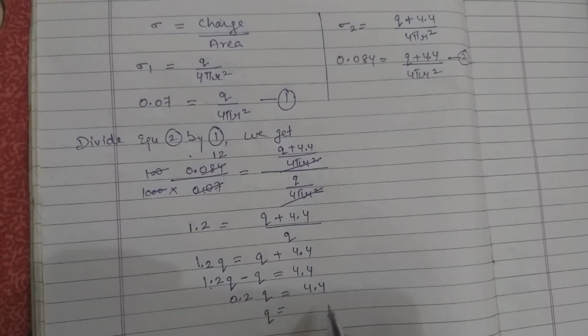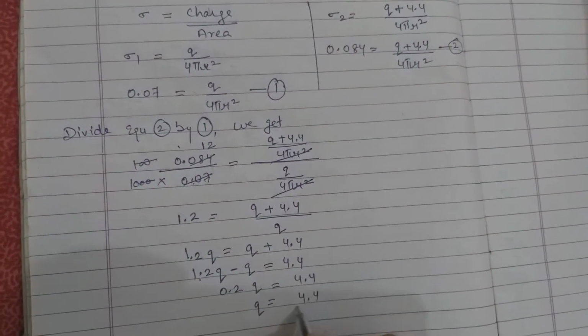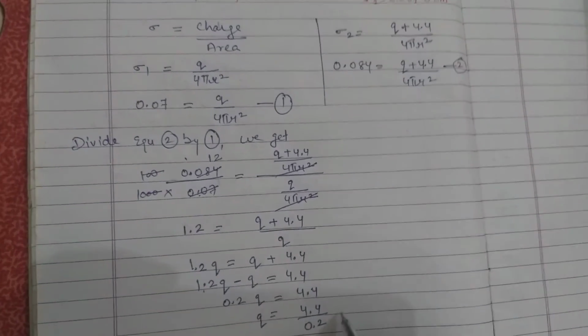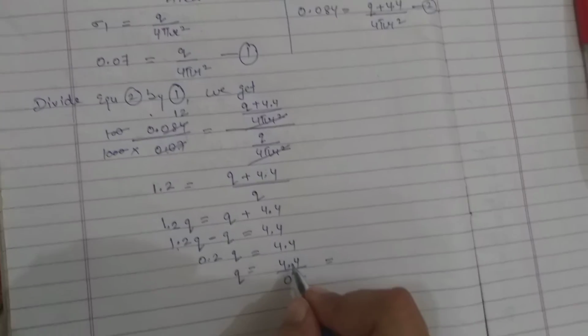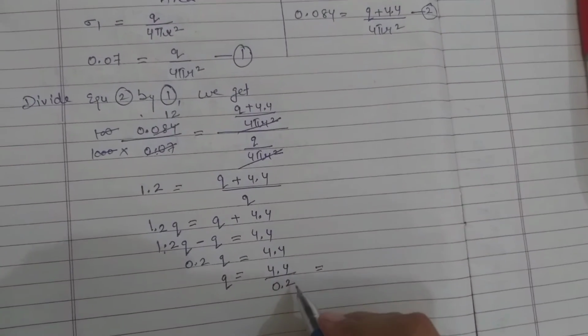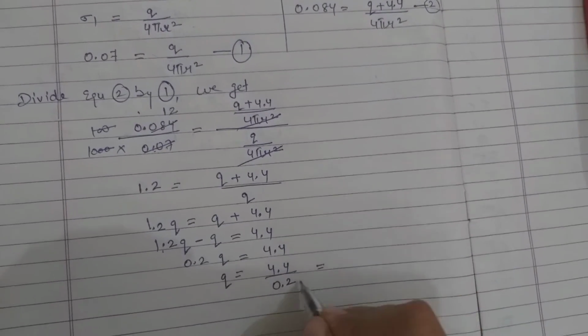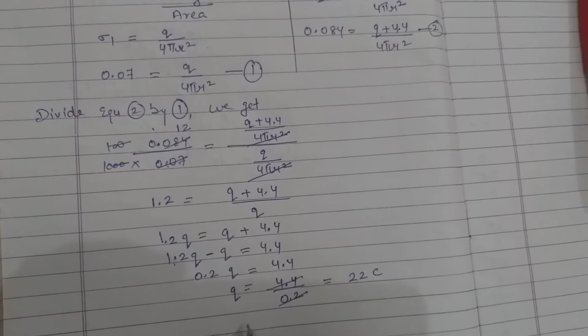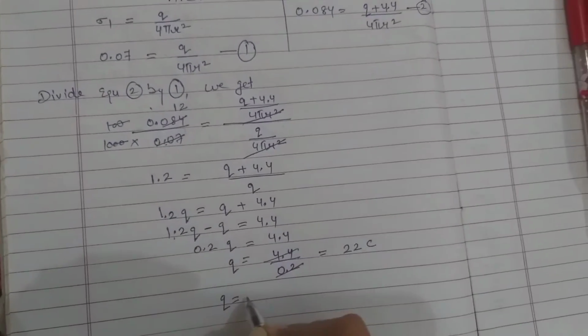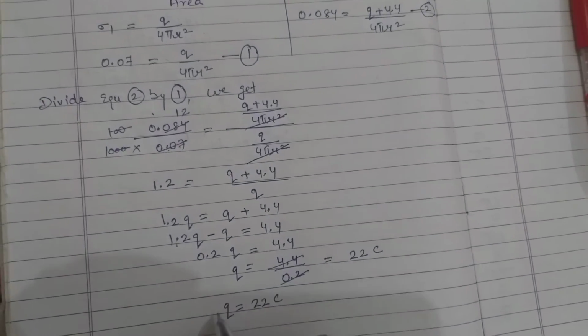So q is equal to 4.4 upon 0.2. It means point cut with the point, 10 by 10, and this will become 22 coulomb. So the initial charge becomes 22 coulomb.